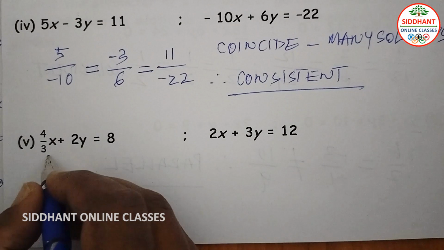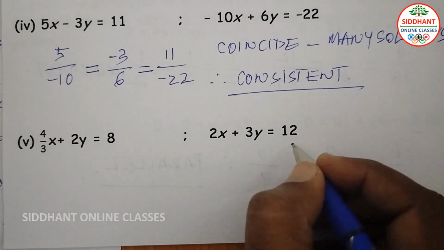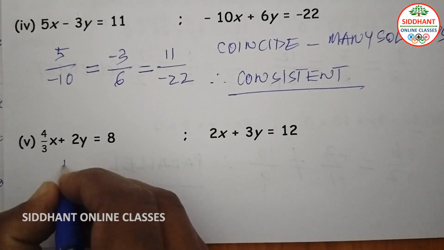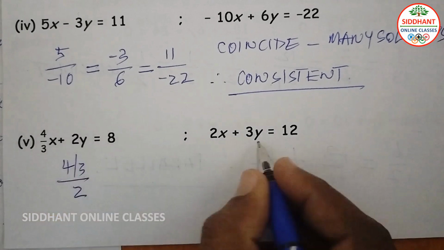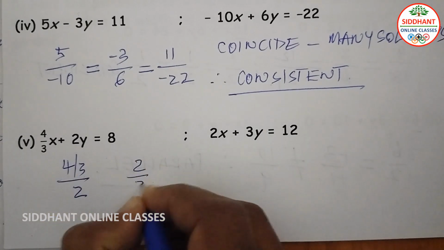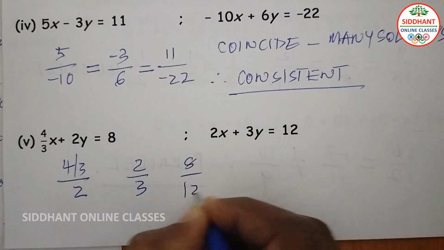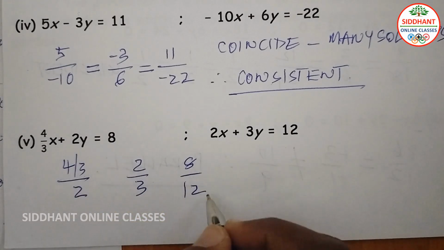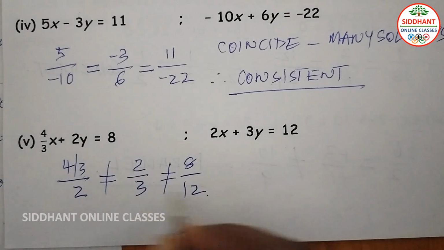Fifth one, 4 by 3 x plus 2y equal to 8, 2x plus 3y equal to 12. So here a1 by a2 is 4 by 3 by 2, b1 by b2 is 2 by 3, and c1 by c2 is 8 by 12. Upon comparing a1 by a2, b1 by b2, c1 by c2, all the three are not equal to each other.